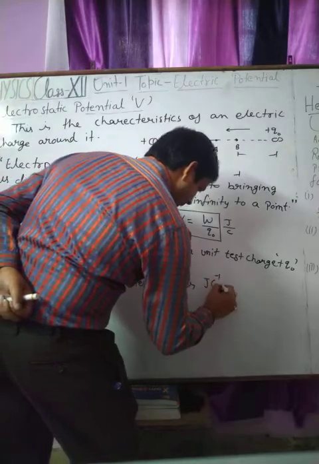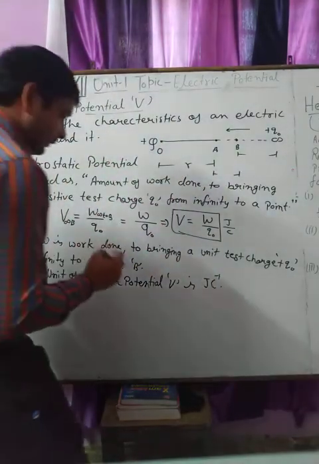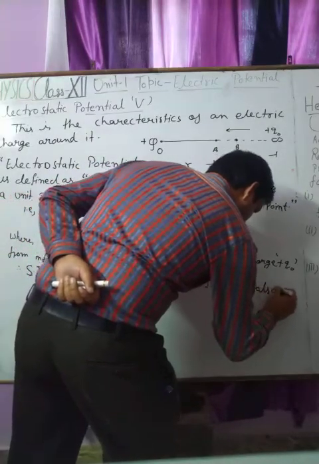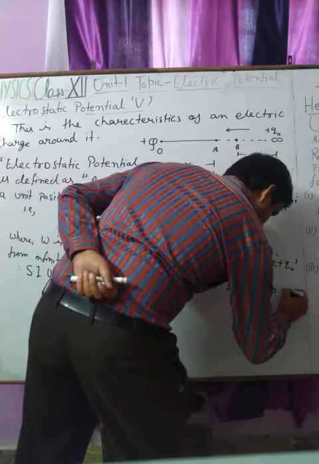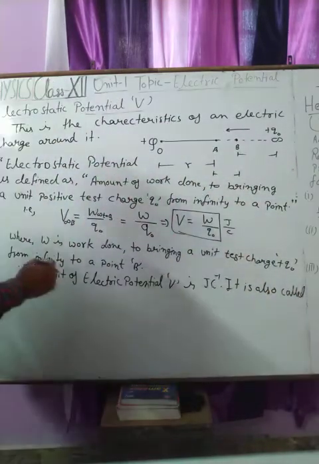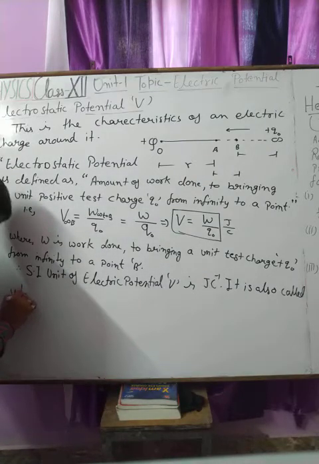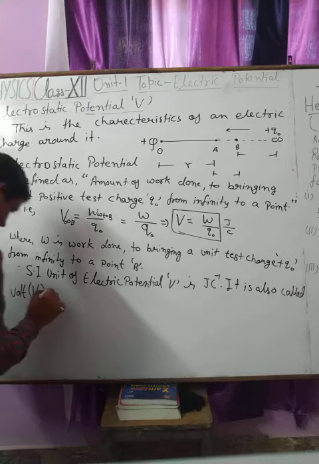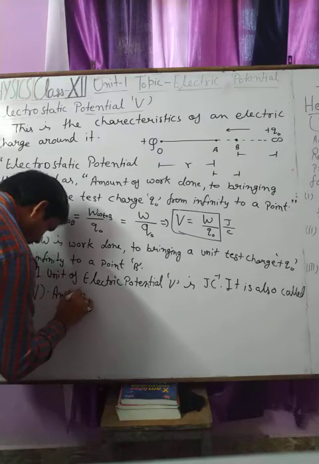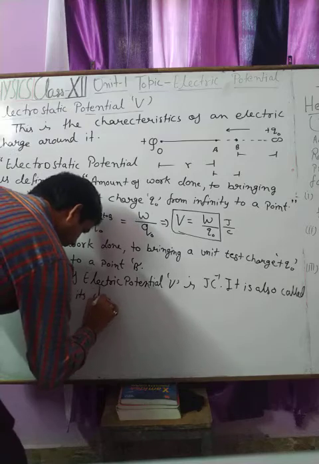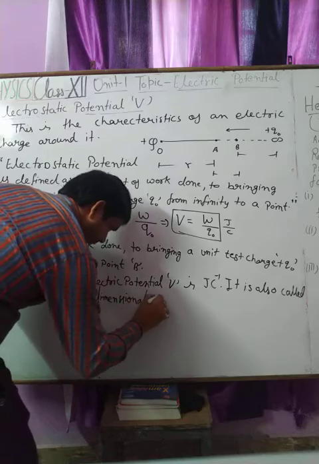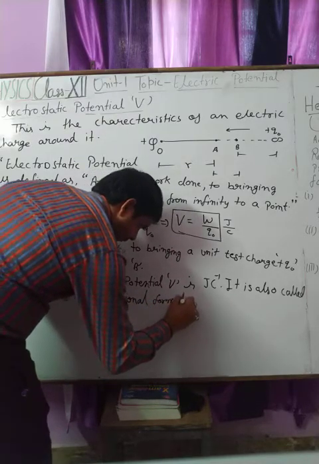It is also called volt. This is a derived unit, and its dimensional formula is as follows.